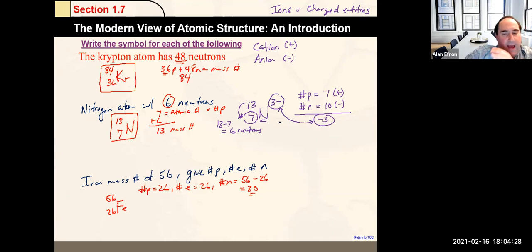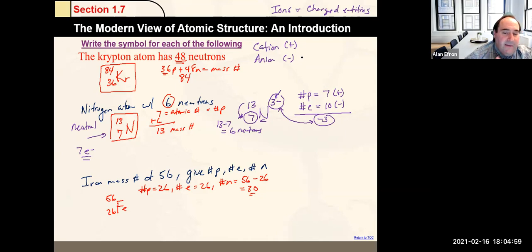So how did the electrons change from our neutral guy over here? Well, the neutral guy also had 7 electrons. So the number of electrons went up. It went from 7 electrons in the neutral case to 10 electrons in the charged, negative case. And the charge here, the -3, is how many electrons it gained.